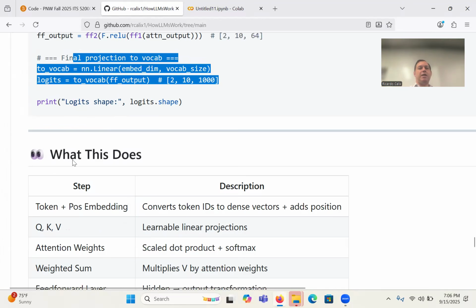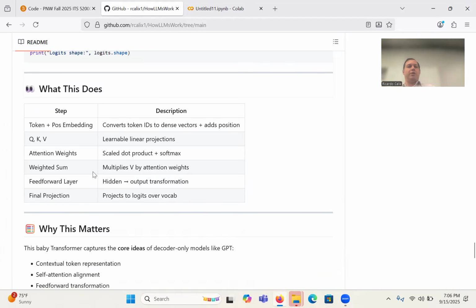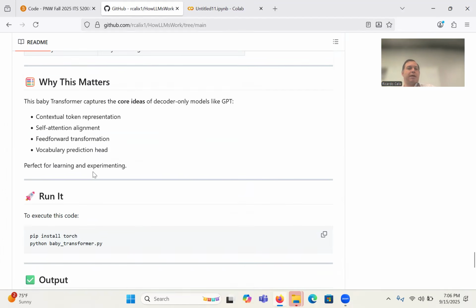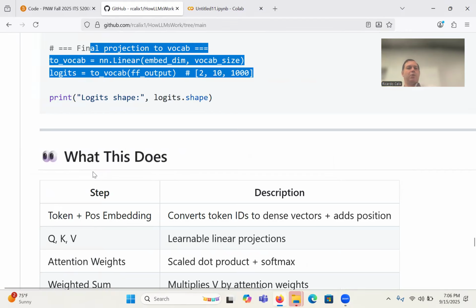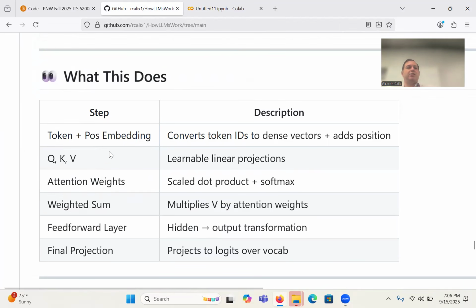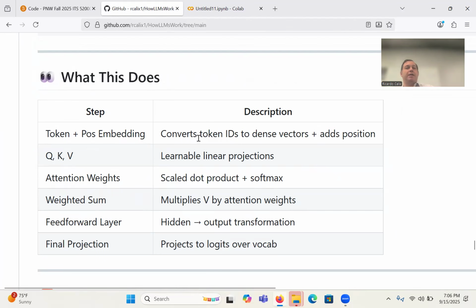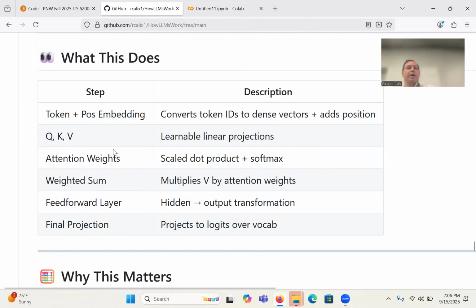All right? I'll go over the code on Colab, but I want to wrap up this whole README. So what this does, essentially, is it has the token and positional embedding. So convert token IDs to dense vectors, and we add the position. We calculate the KQV, which are really just linear projections.